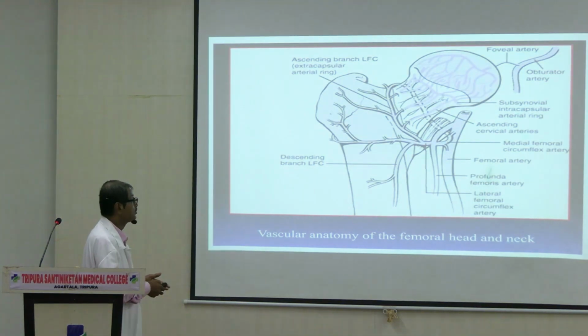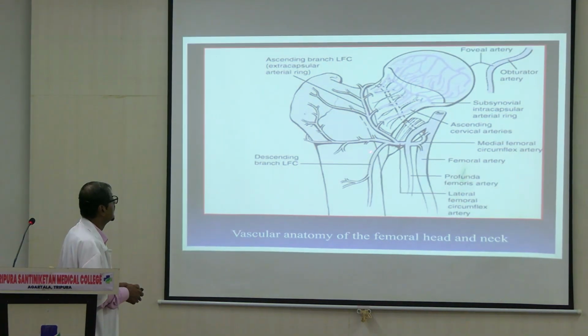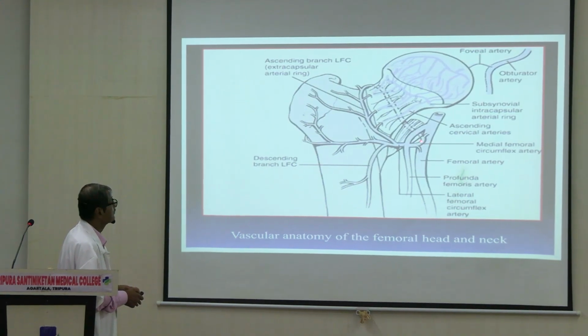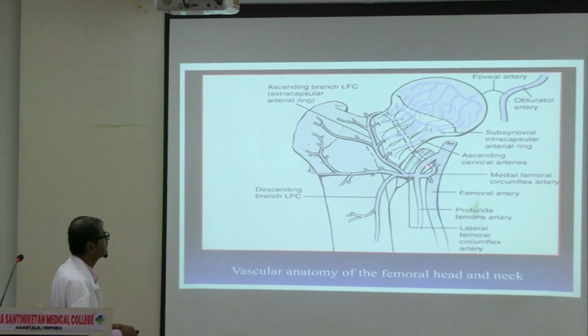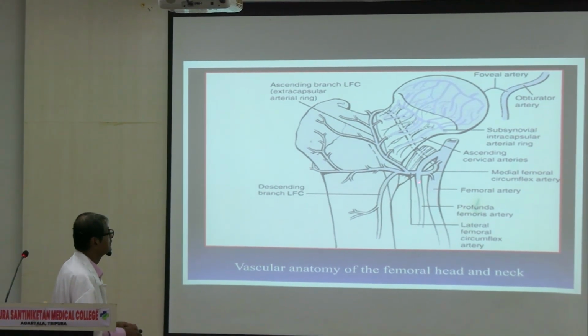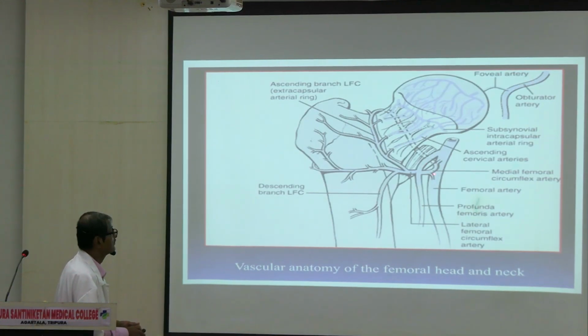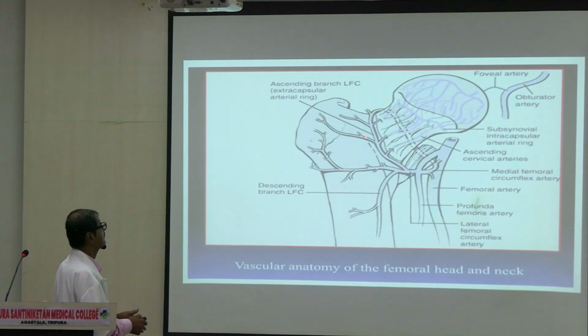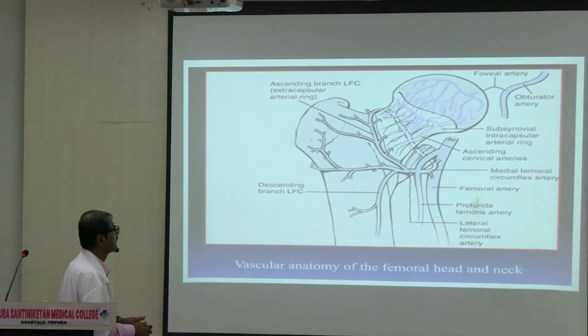This is the medial circumflex femoral artery. This is the femoral artery coming downwards. This is profunda femoris. This is the lateral circumflex femoral. A branch from the lateral circumflex femoral goes this way, and a branch from the medial circumflex femoral goes this way.